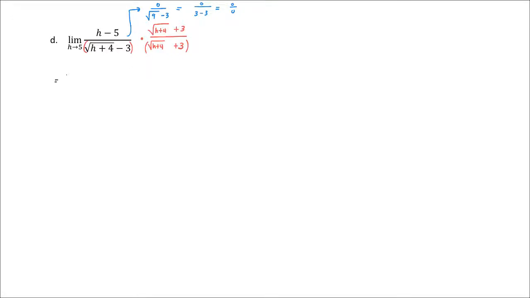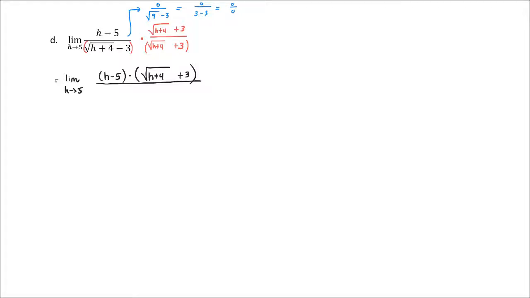In the numerator, I'm going to have just h minus 5 times the square root of h plus 4 plus 3. And remember not to try to expand this. You want to leave it in factored form because you are after canceling h minus 5. You would love to get rid of h minus 5. So leave it there in factored form.